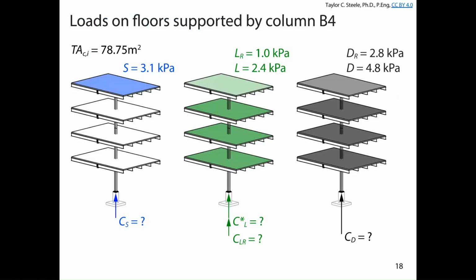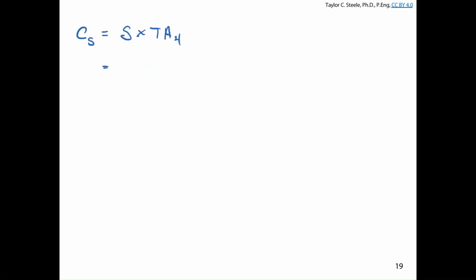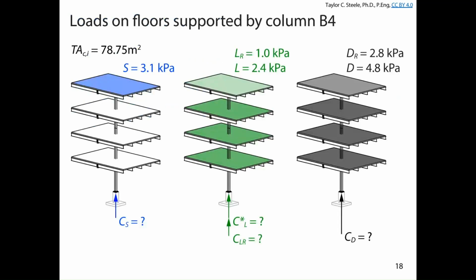So that's 3.1 kPa multiplied by 78.75 meters squared, and that's going to give us a total snow load of 244 kilonewtons. What that means is the total force supported by the column at the base from the snow load only is 244 kilonewtons.